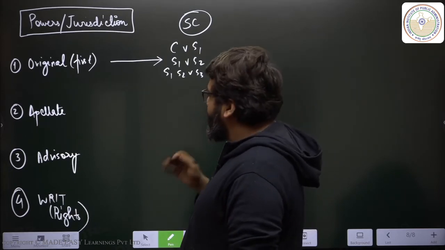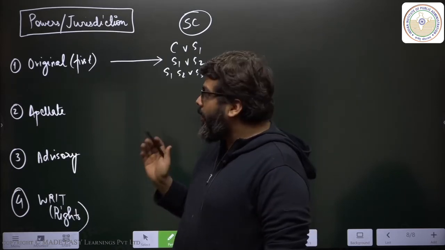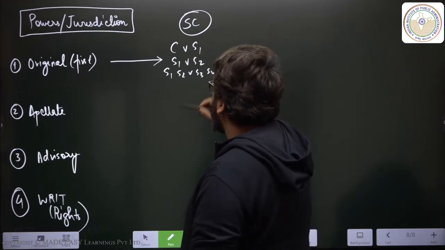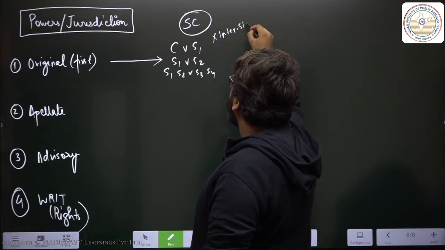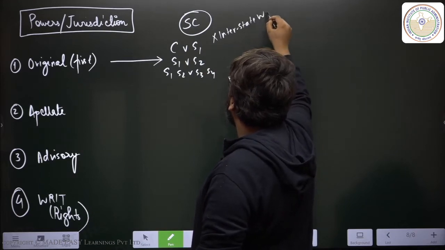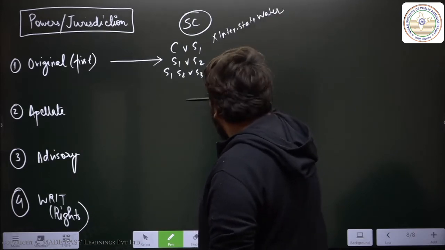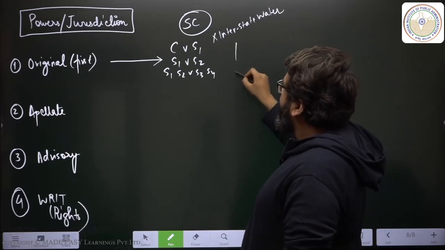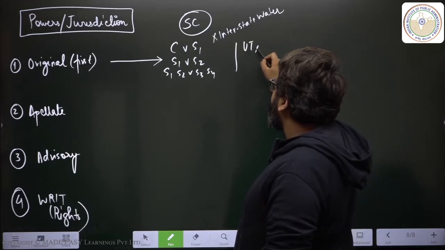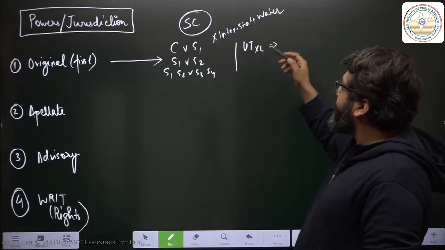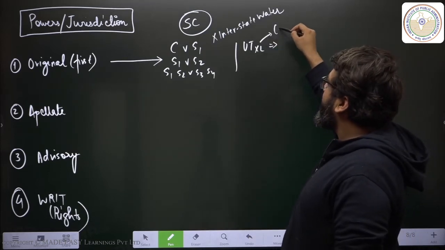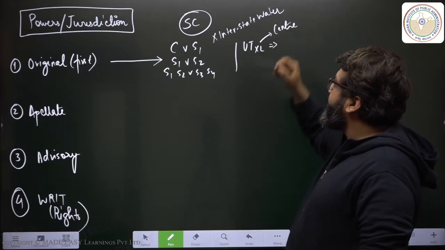A dispute amongst the states, or between the center and the states, with the exception of interstate water disputes. And if it is a union territory without legislature, there is no dispute, because a union territory without legislature is under the center.